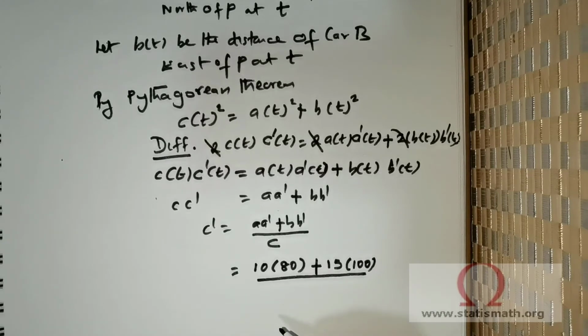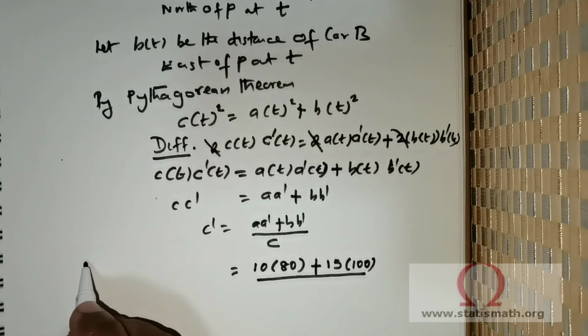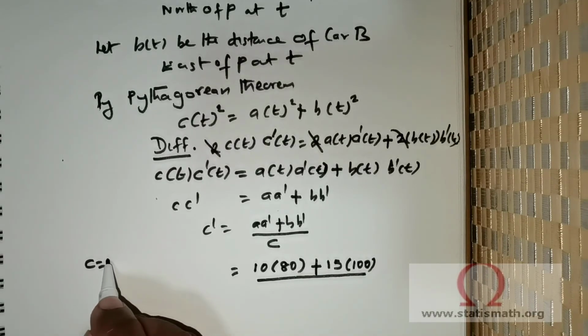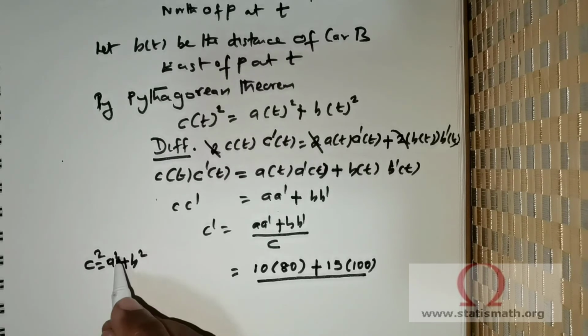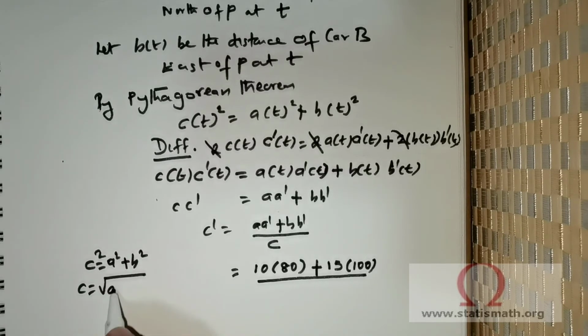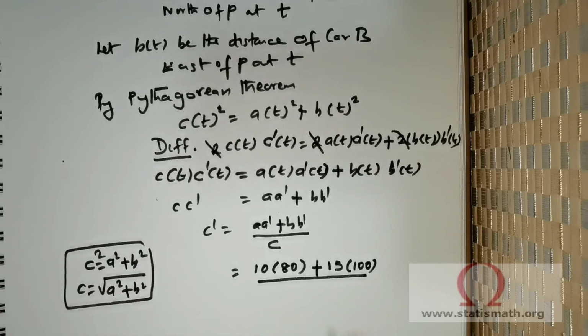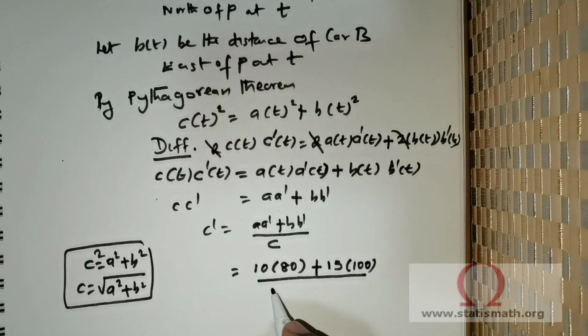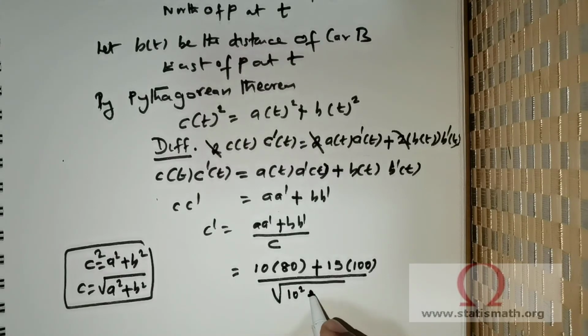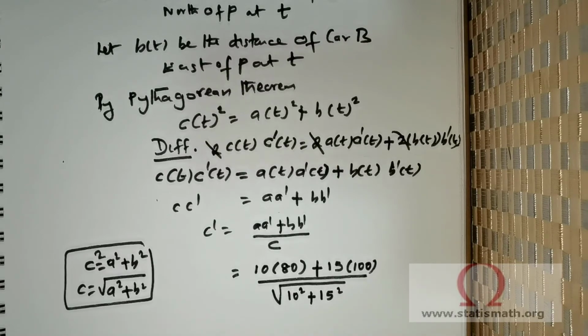Now you need to know the value for C. So how are you going to get the value for C? By Pythagoras, C squared is going to be A squared plus B squared. From here C is going to be the root of A squared plus B squared. So you will have the square root of 10 squared plus 15 squared, and this would give me my C dash.